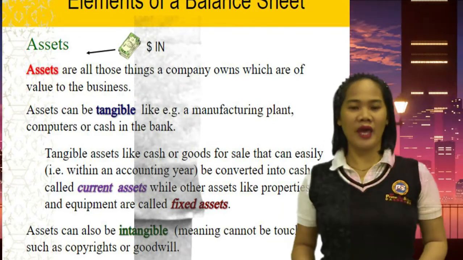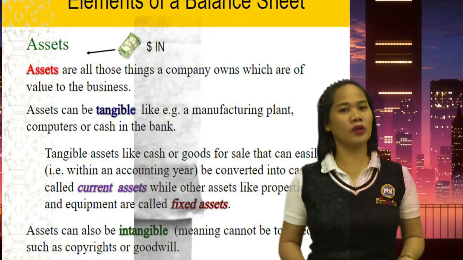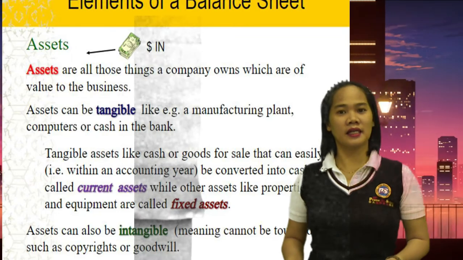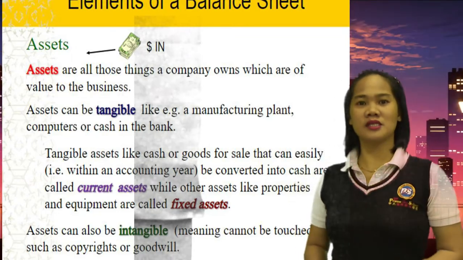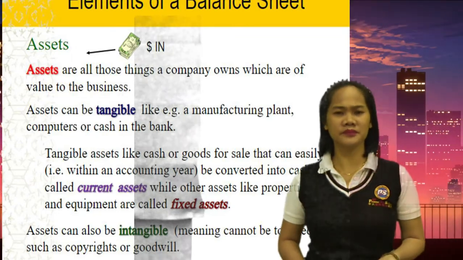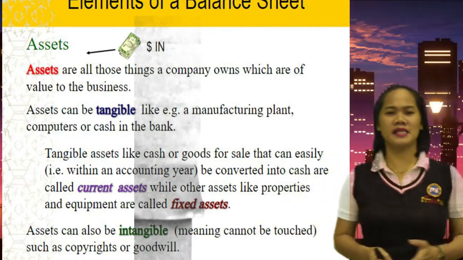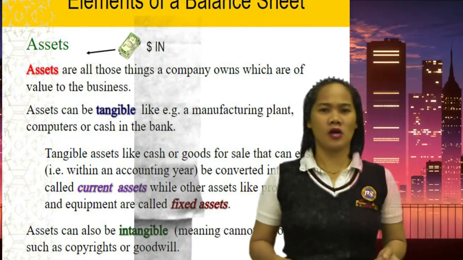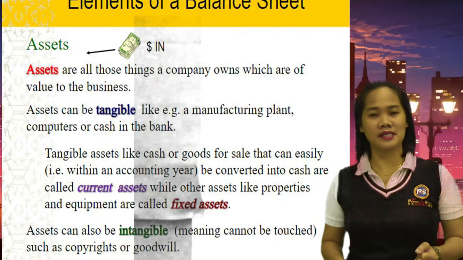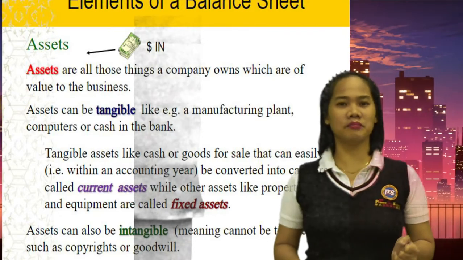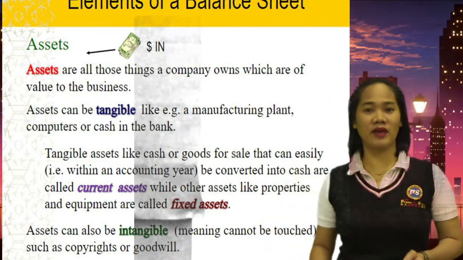But we have other assets also, what we call fixed assets, for example properties or equipment. Then how about intangible assets? Those intangible assets are the ones that cannot be touched or felt.